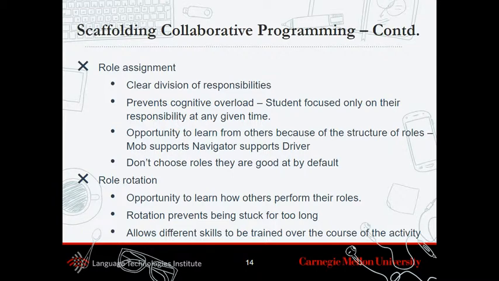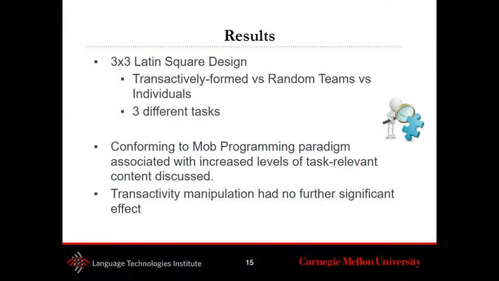Students have the opportunity to learn from one another, and they don't default to roles that they're good at because the roles are assigned and they rotate. So this addresses a lot of the problems with the reward structure that really overemphasizes productivity, and it also addresses some of the problems that we saw with teams that were assigned based on friendship.